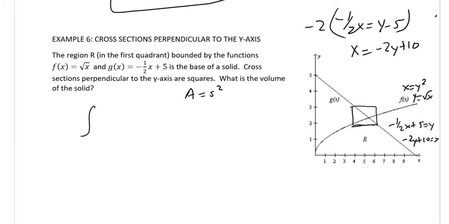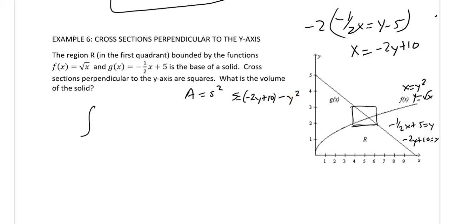So what we do is we're going to do the top minus the bottom is going to be s. So it's going to be negative 2y plus 10 minus y squared.